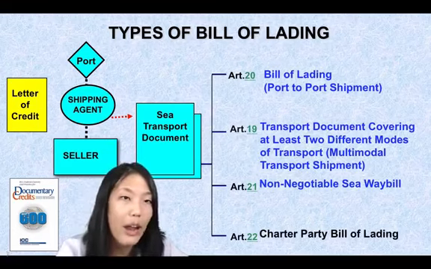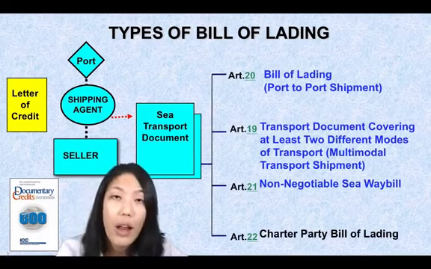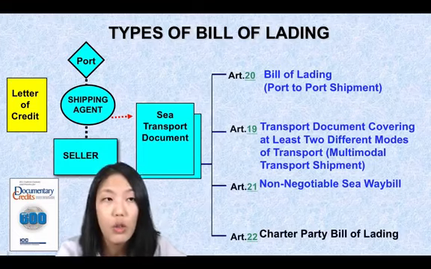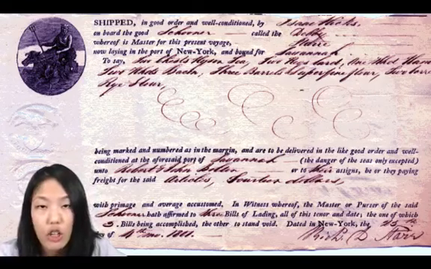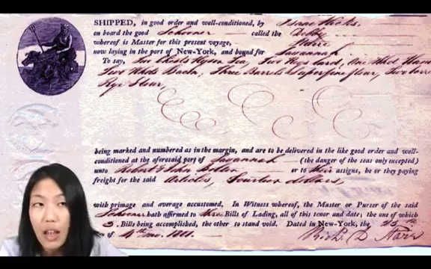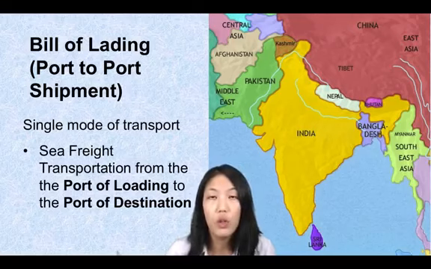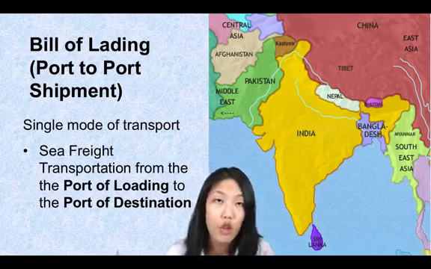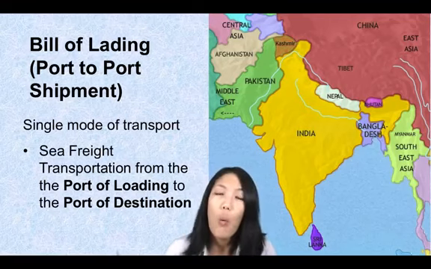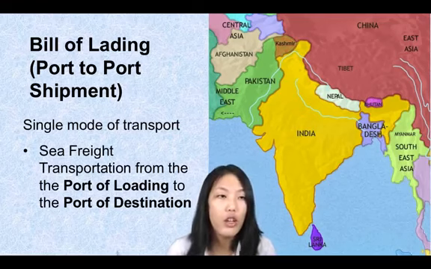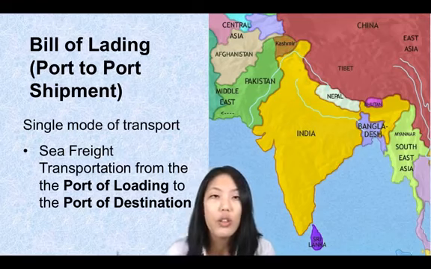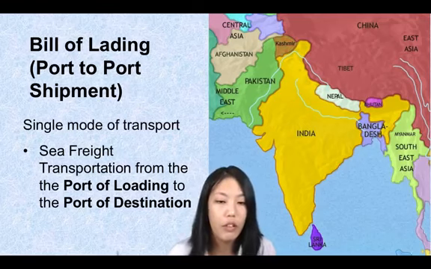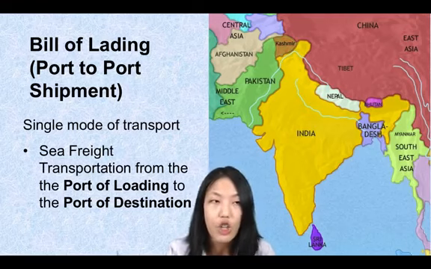Now let us look at an old sample of what a sea transport document used to look like, as you can see in this slide. Under bill of lading, which is also known as port-to-port shipment, when trade first started, it used to be a single mode of transport that uses sea freight from the port of loading to the port of destination.